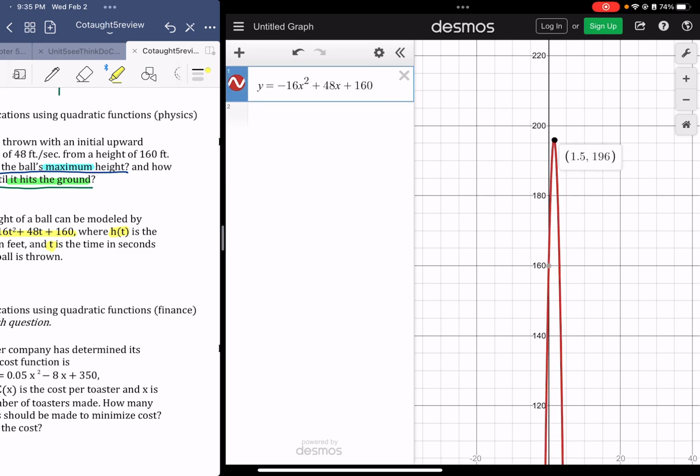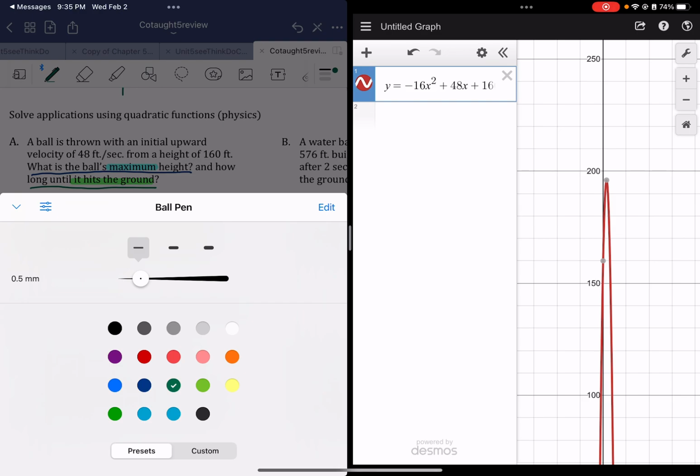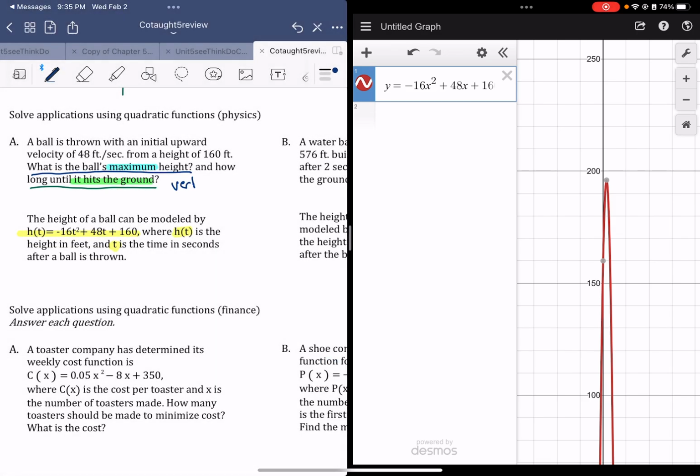And it will tell me that the maximum, my vertex, is at 1.5, 196.